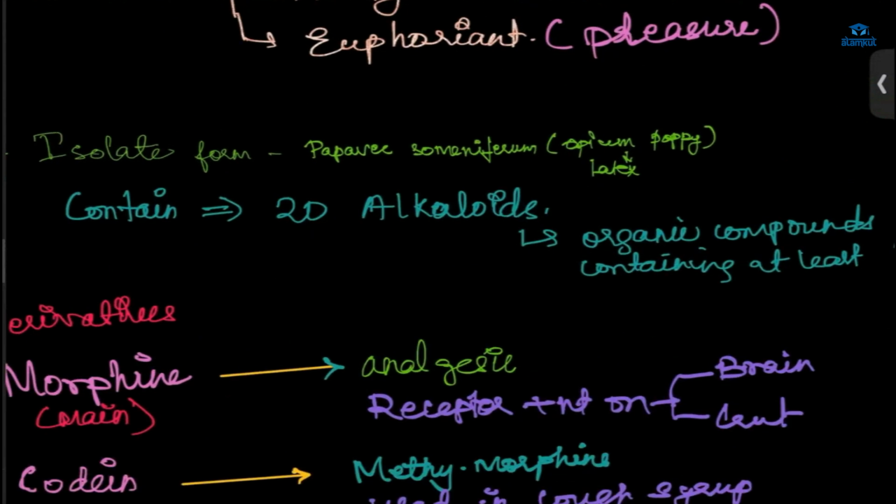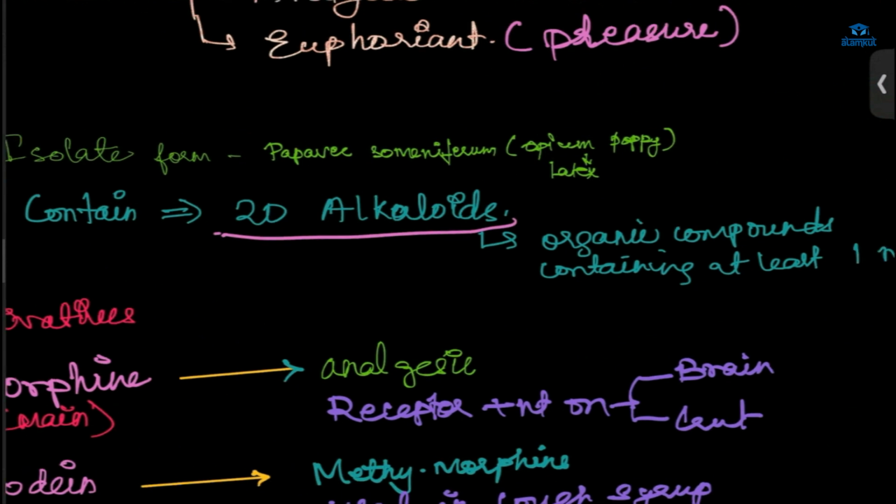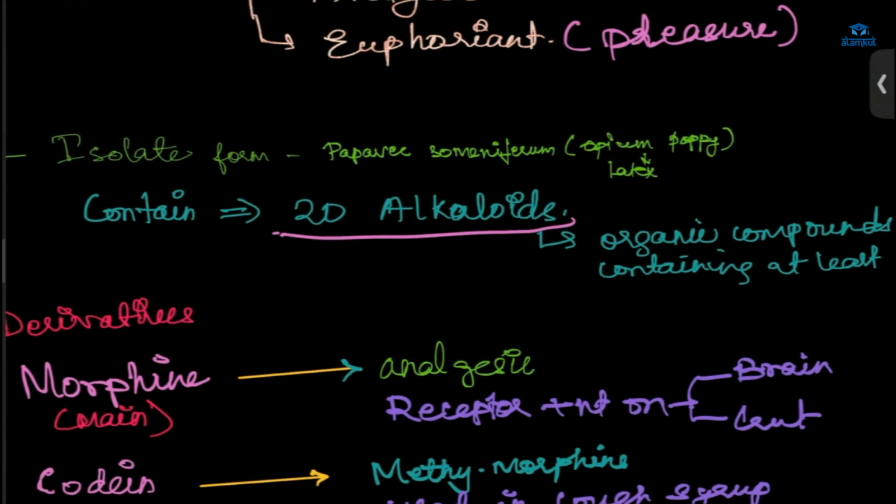Next, the example we have here is Papaver somniferum. It is obtained from opium poppy latex, the liquid, and it contains 20 alkaloids. What is an alkaloid? It is an organic compound which contains at least one nitrogen.